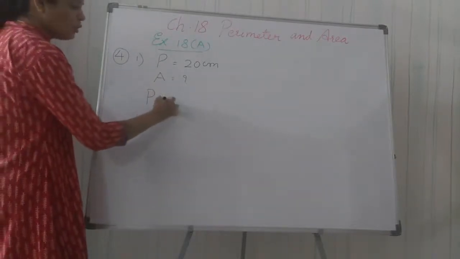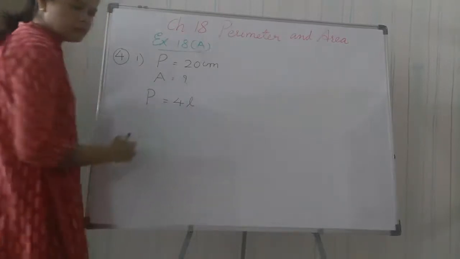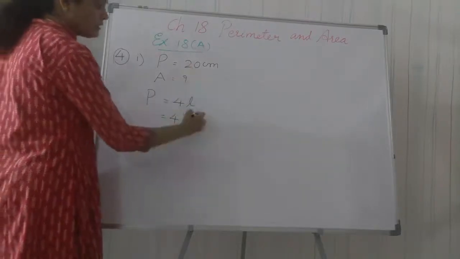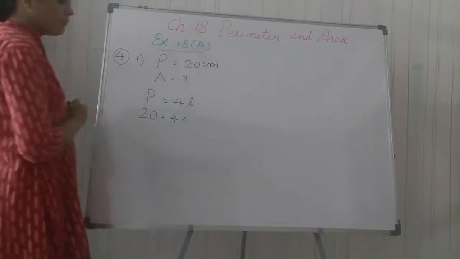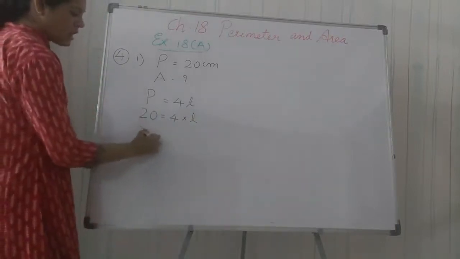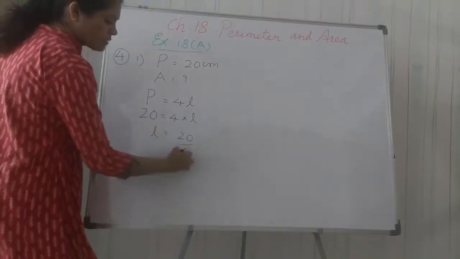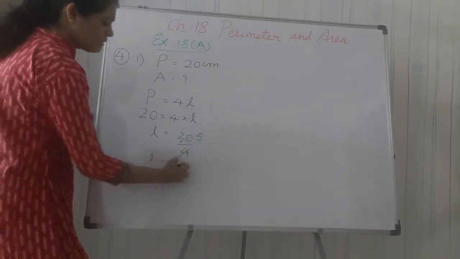Again, you should know the perimeter of a square formula, that is 4L, right? This is the perimeter given to you, so I place the value of perimeter here, and this is 4 multiply L. So now L is equal to 20 divided by 4. So I get 5. So L is equal to 5 centimeters.